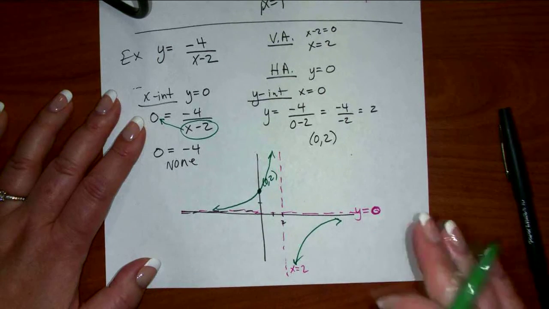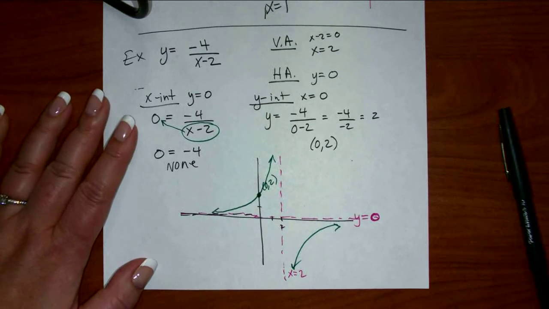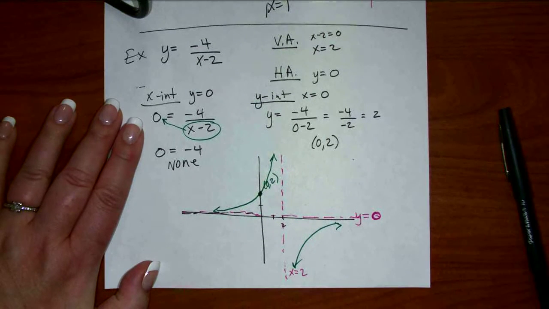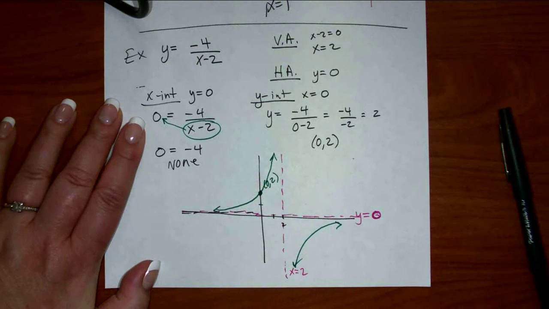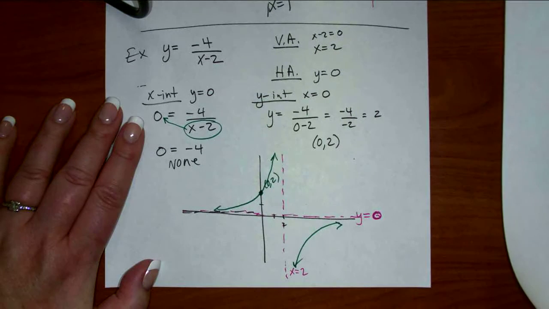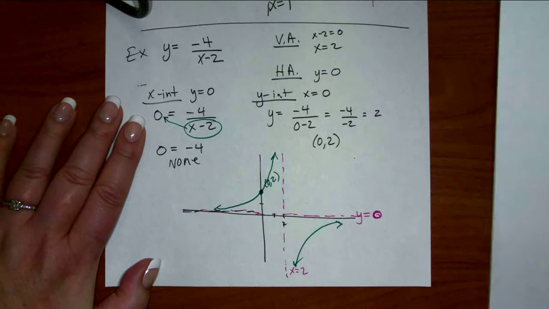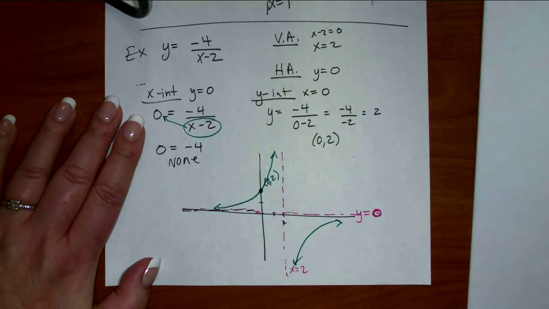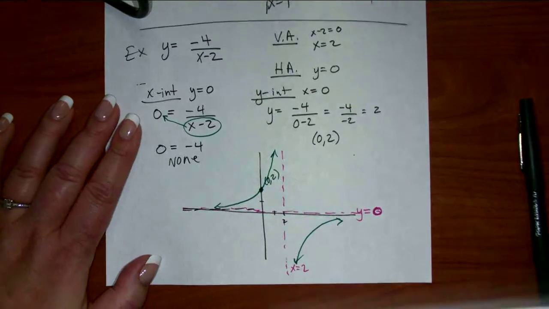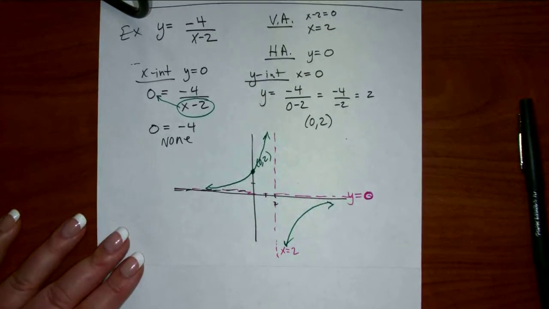Okay, so what do you need to do for all the different types of graphs we did? What's the most important part? Remember what they look like, because finding a couple points and not remembering what they look like, it's not going to work. So say you did forget what it looked like. What would be your recourse on an exam? Plot more points.